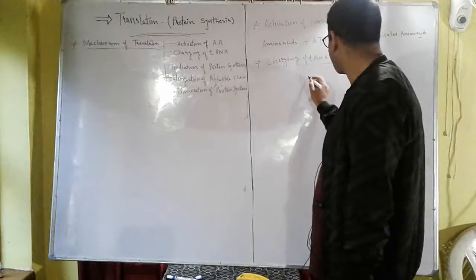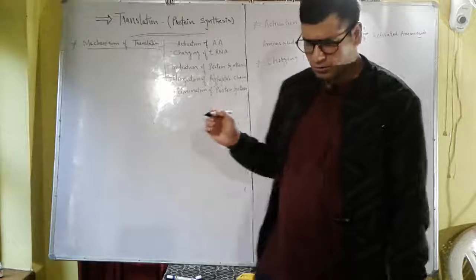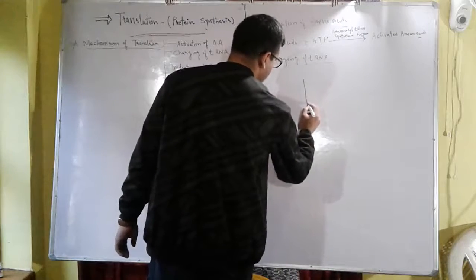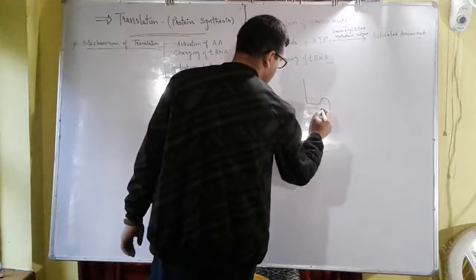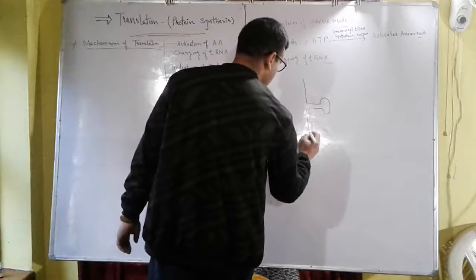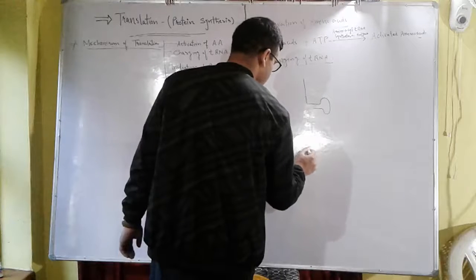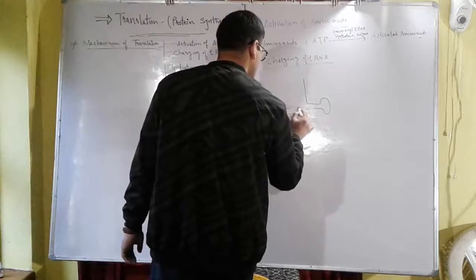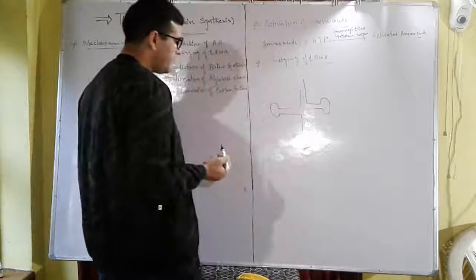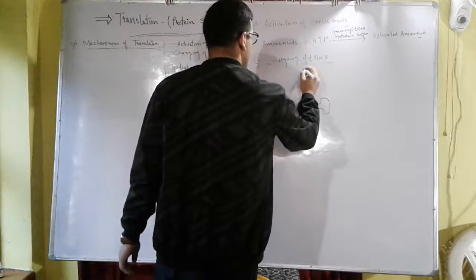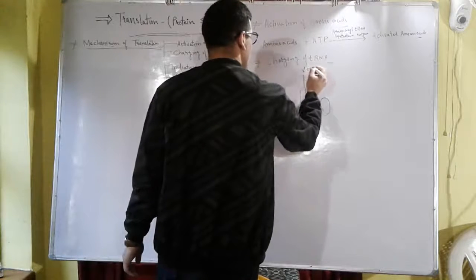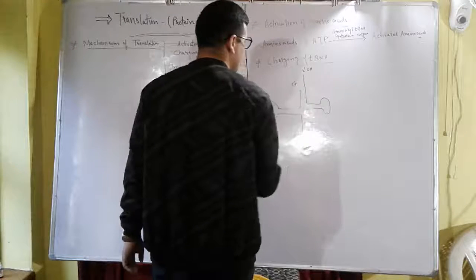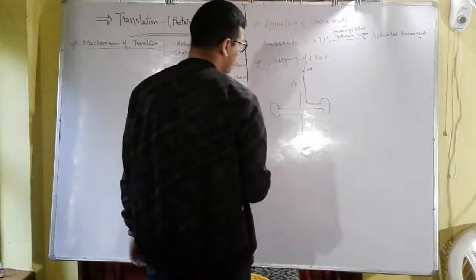You know that we have tRNA. It has a cloverleaf model. We have this structure of tRNA. This is called the 3' hydroxyl end, and obviously this is the 5' phosphate end of the tRNA.